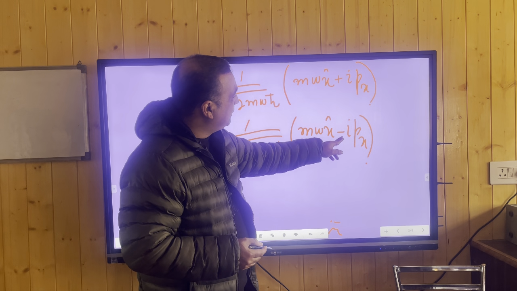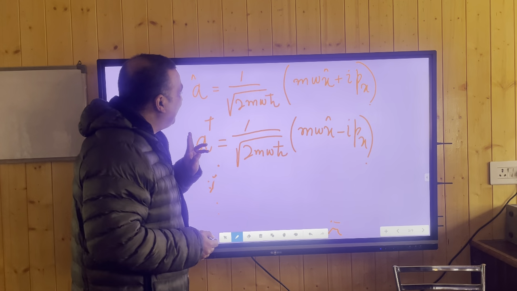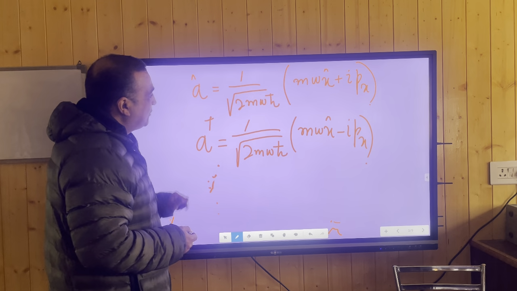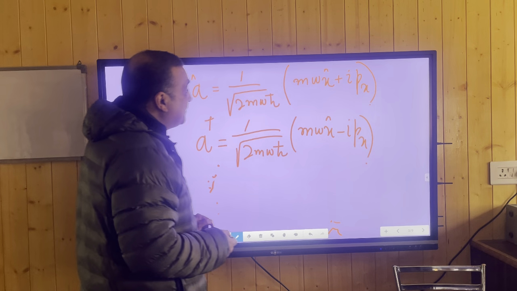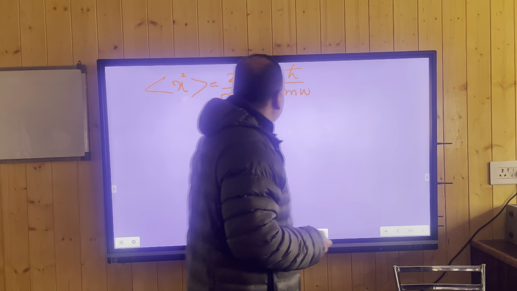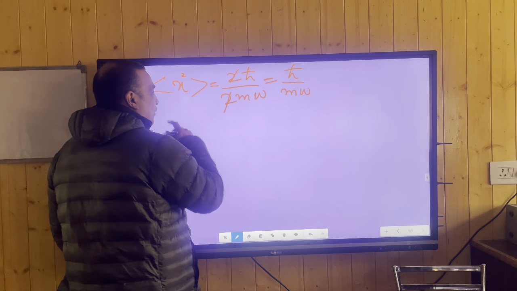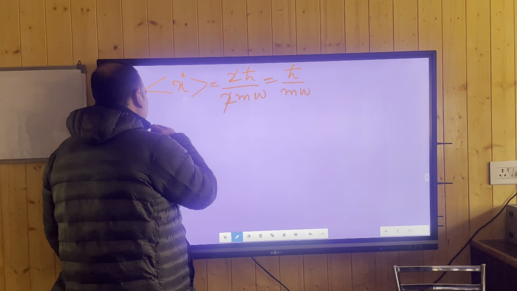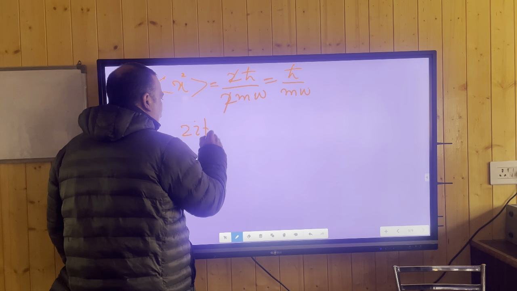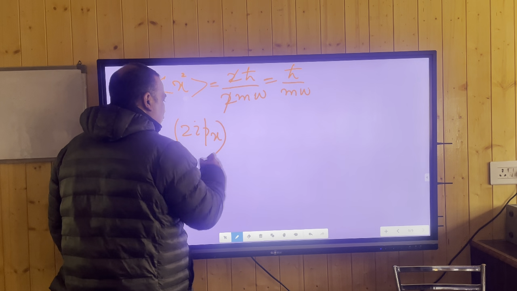So if this will turn into plus, these two terms will cancel. So you will be left with 2i p of x. So the result that we will be obtaining when you subtract the two is 2i p of x. What was outside?